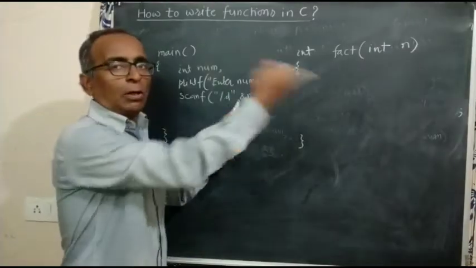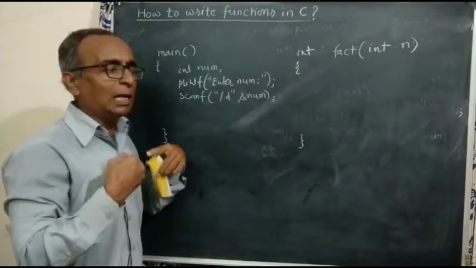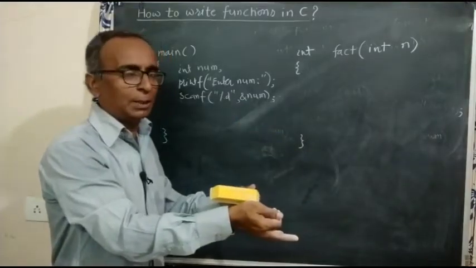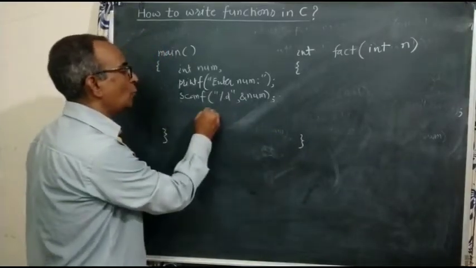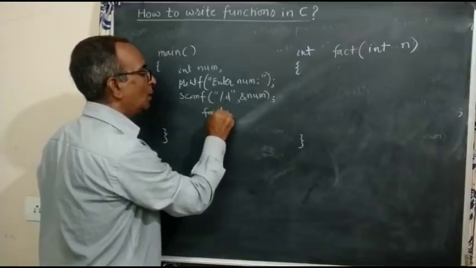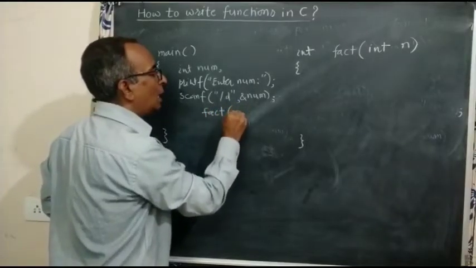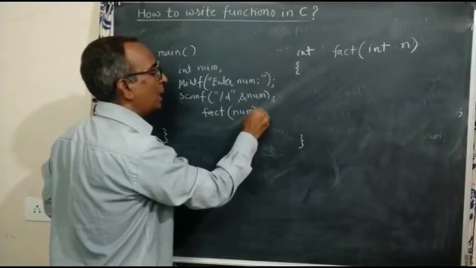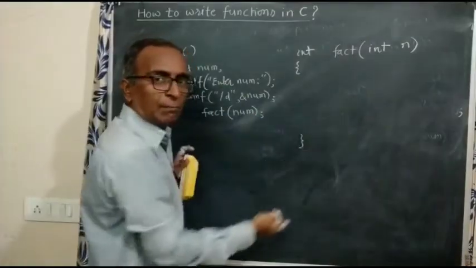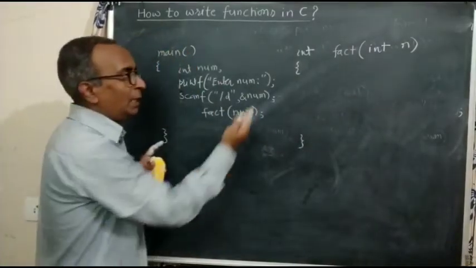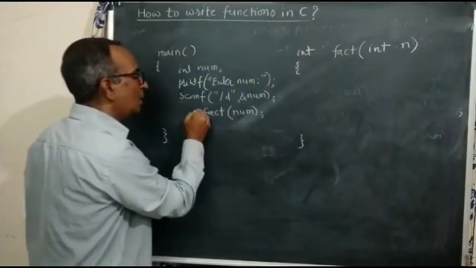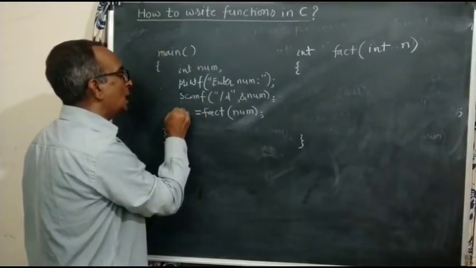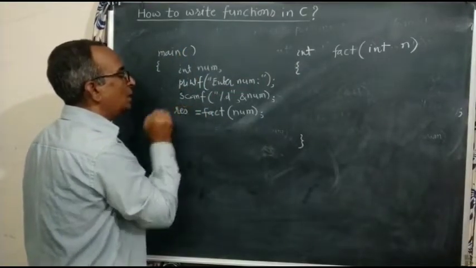Now I am calling, I don't want to calculate. I'll send that number to the function. So send means I have to call this factorial and I'll give number as parameter. I am sending a value. In turn, it returns me some value that I'll store in result.